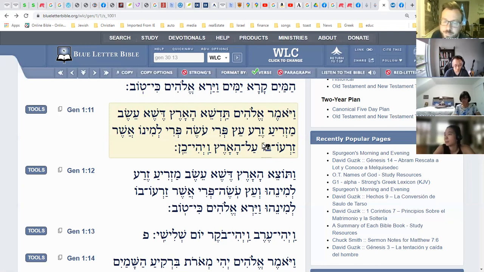So the O here refers to fruit because the seed is in the fruit. So that would tell me that the O also goes to fruit. But I don't really know why it doesn't refer to kind.